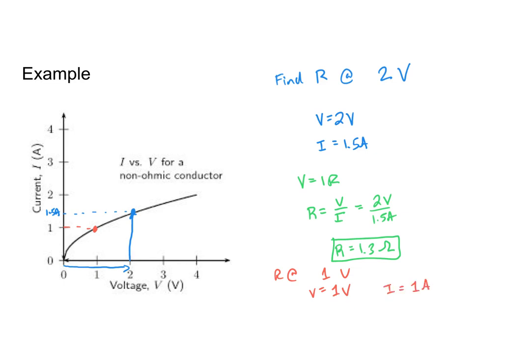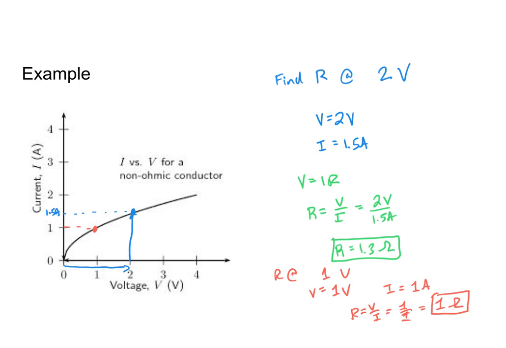So that means that my resistance, V over I, is 1 over 1, or 1 ohm. So at 2 volts, my resistance in my non-ohmic conductor here is higher than its resistance at 1 volt. So you can see here that we have that changing resistance, which affects that voltage and current relationship.